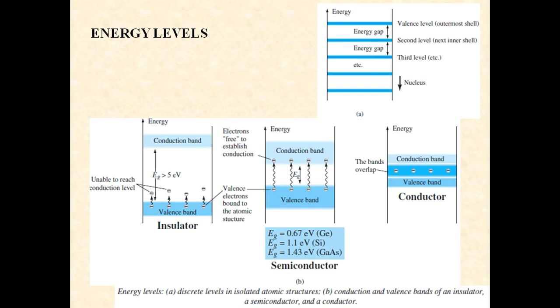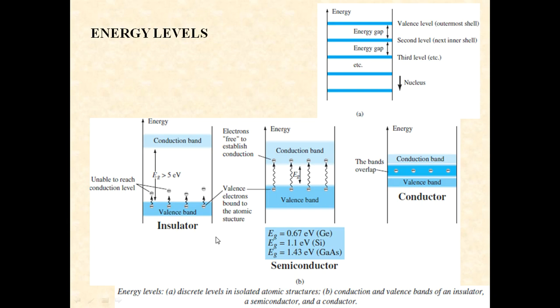It requires a minimum amount of energy to remove the valence shell electrons, whereas if you want to remove the electrons which are present in the inner shells, it needs a lot of energy. Okay, so that means outermost valence electrons can be very easily removed from any atom as such.